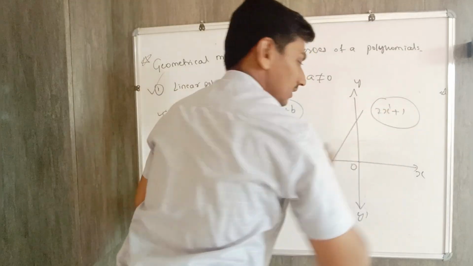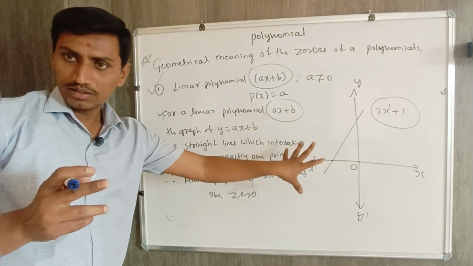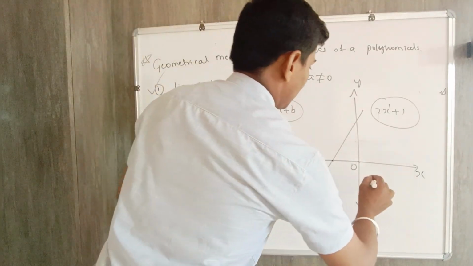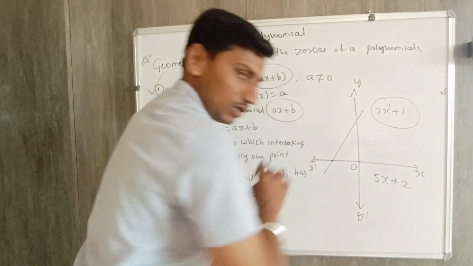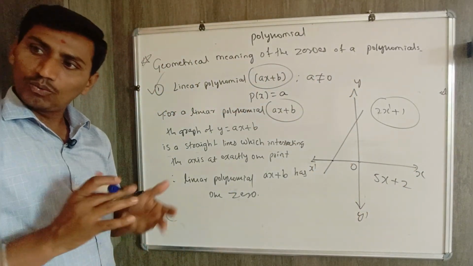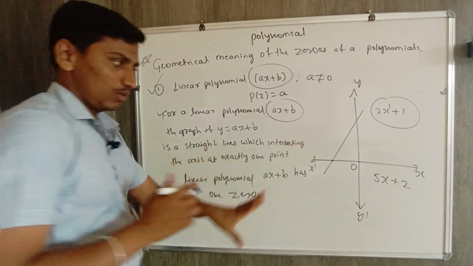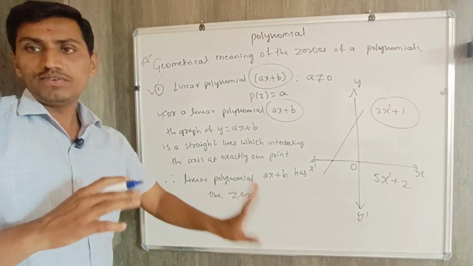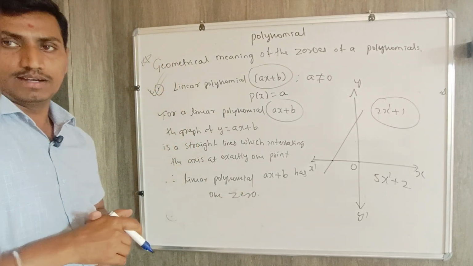The highest degree is 1, so there is only 1 zero. And 5x plus 2. Here how many zeros? Only 1 zero. Why 1 zero? Because the highest degree is 1. The highest degree gives the number of zeros. So it is a linear polynomial.